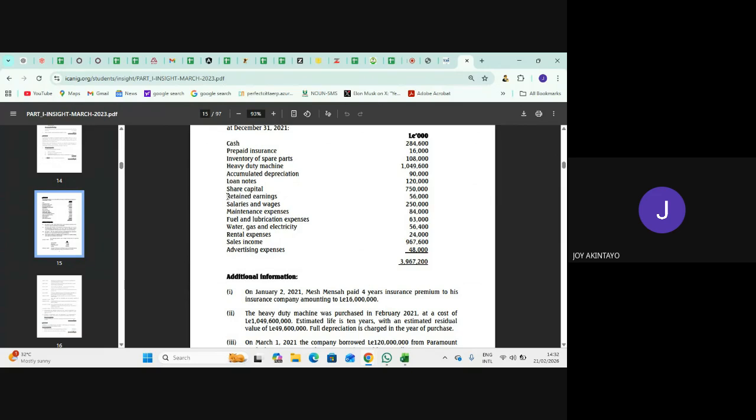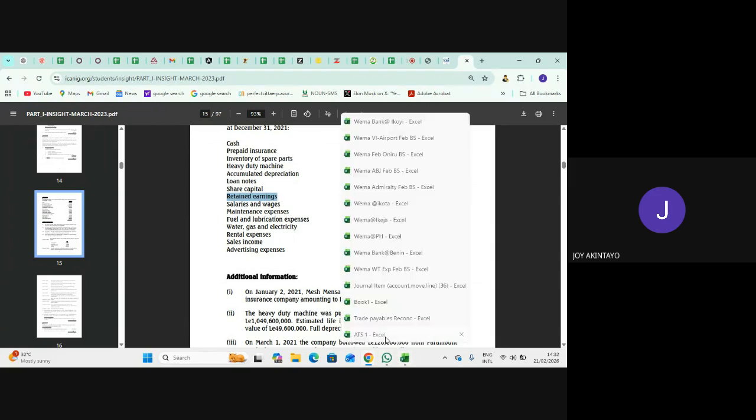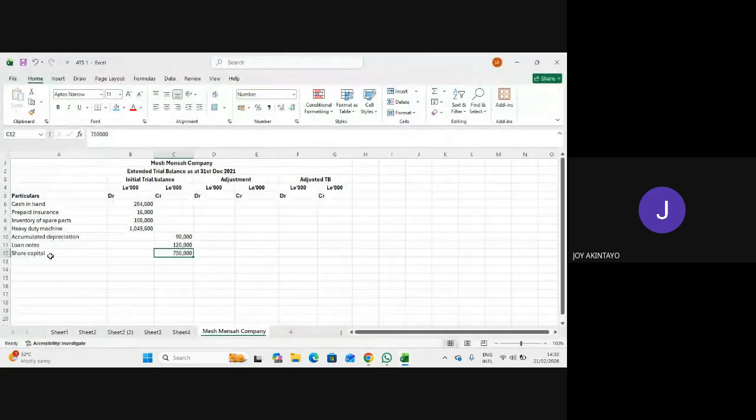Retained earnings is part of equity. So which side are we putting it? That's our accumulated profits, and profits happen to be an income, yes or no? So where are we putting income?